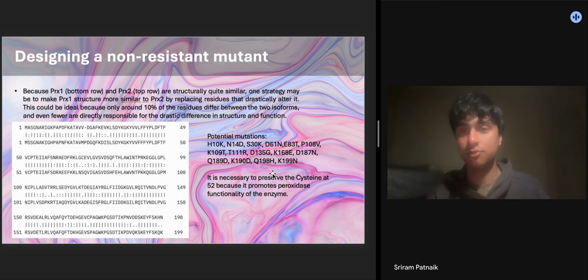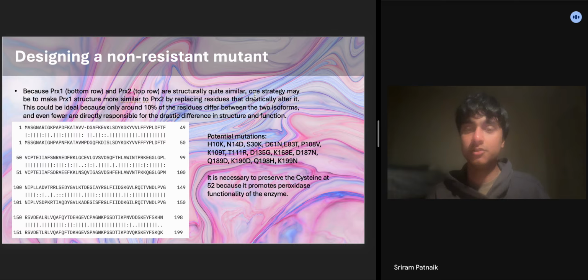Because PRX2 is not resistant to H2O2 hyperoxidation, we should try to find the residues of PRX1 that have been altered and give it its resistive properties. So one strategy might be to make PRX1 more similar to PRX2 by replacing residues. By replacing, I mean mutating residues and drastically altering it.